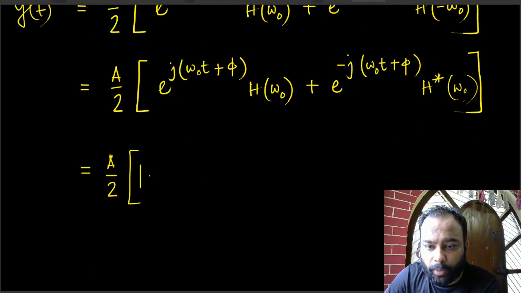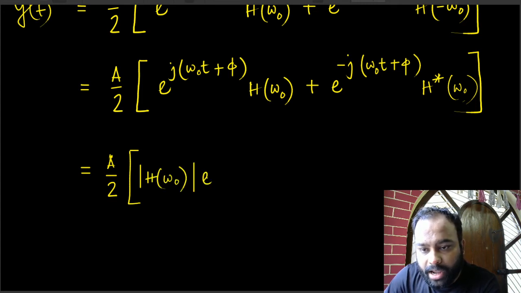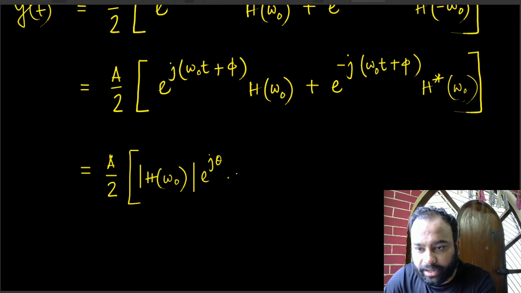So this is going to be mod H omega naught e to the power j theta, right? That's how H omega naught is represented, and this is e to the power j (omega naught t plus phi).